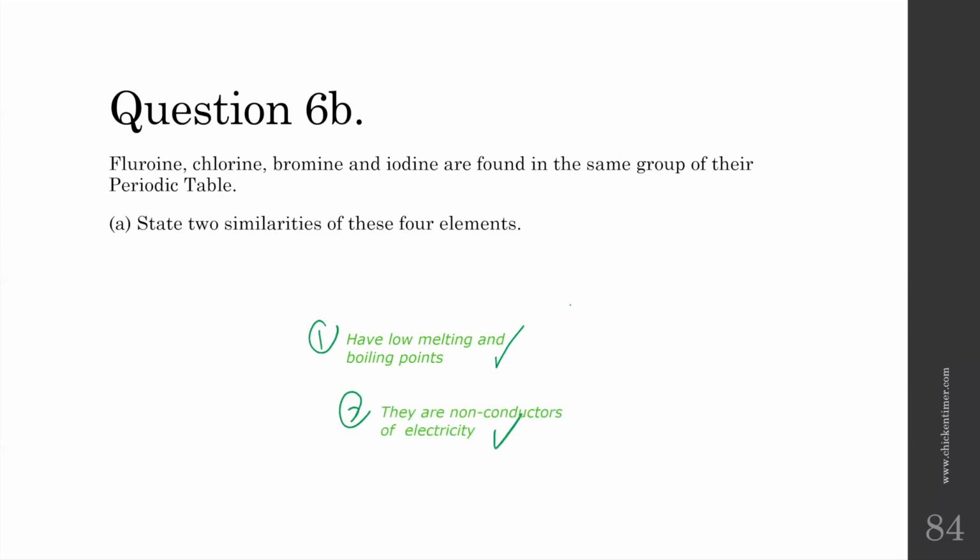Okay, I think they have more. The other two similarities are that they are diatomic, because they form diatomic molecules, and they form ions of -1. But of course, they also have low melting points and are non-conductors of electricity.